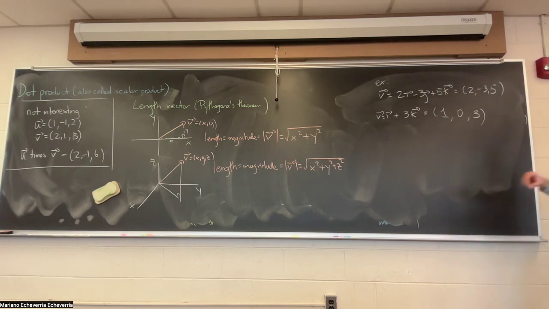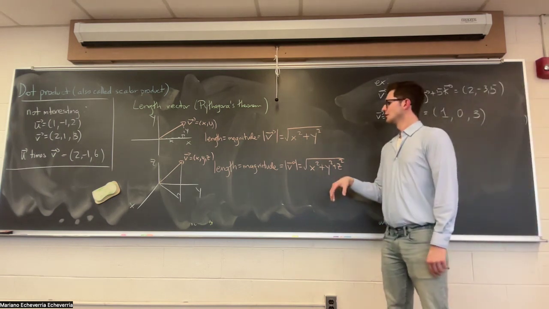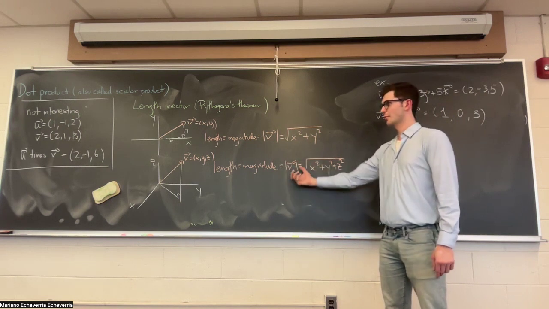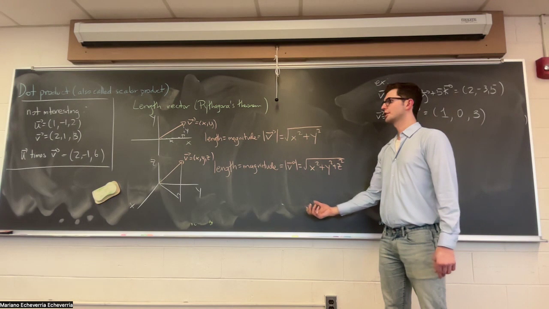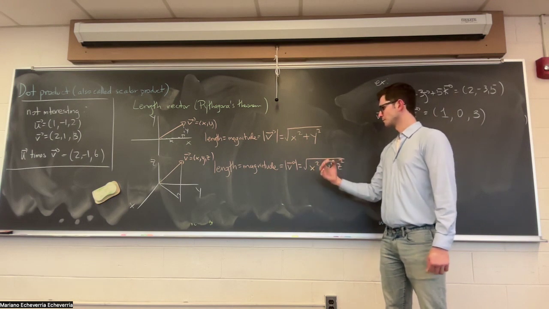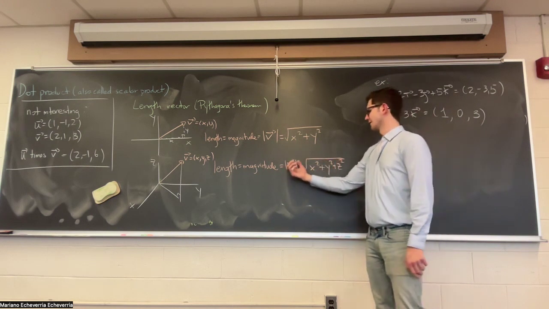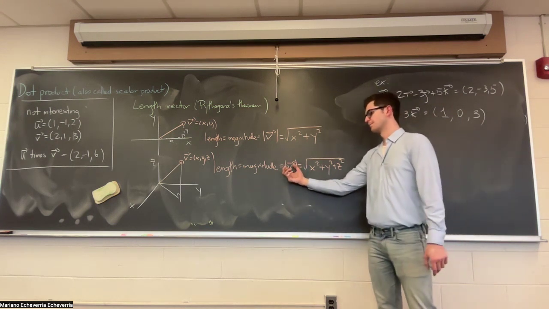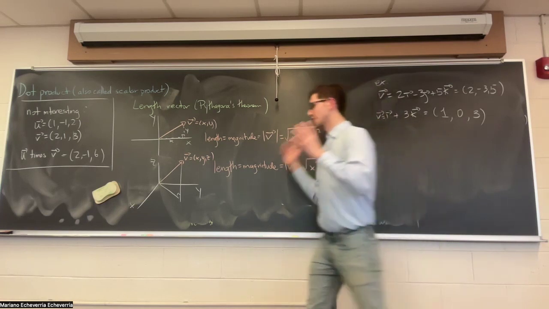Okay, so I just mentioned this first because this length will appear in the formula for the dot product, and it's important to get used to the notation that for the length, you use an absolute value.